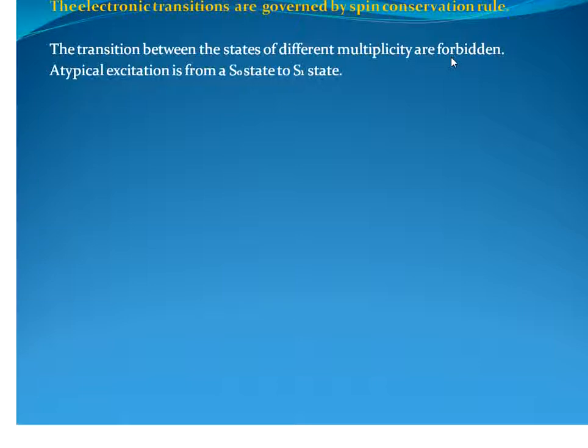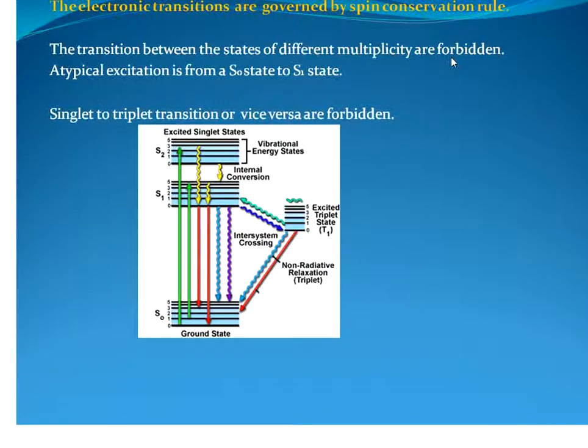A typical excitation from singlet to singlet is spin allowed, but singlet to triplet transitions or vice versa are spin forbidden. So that's what we can extract from the spin conservation rule.